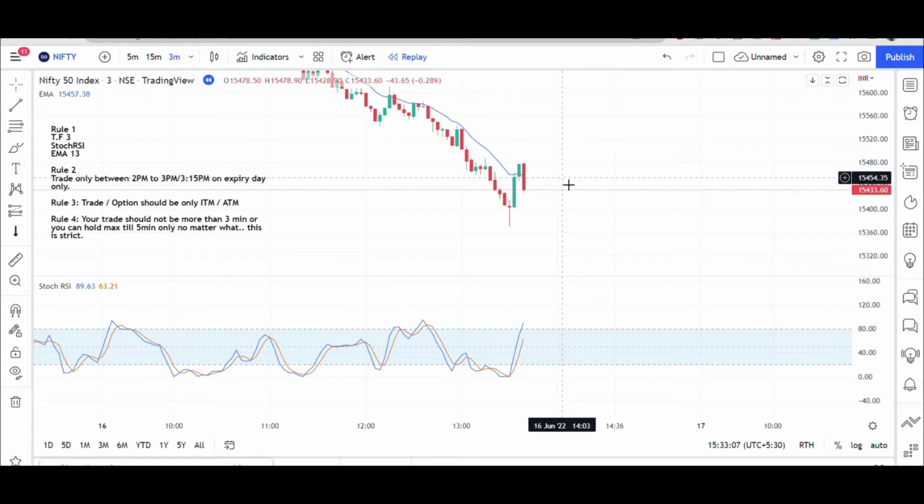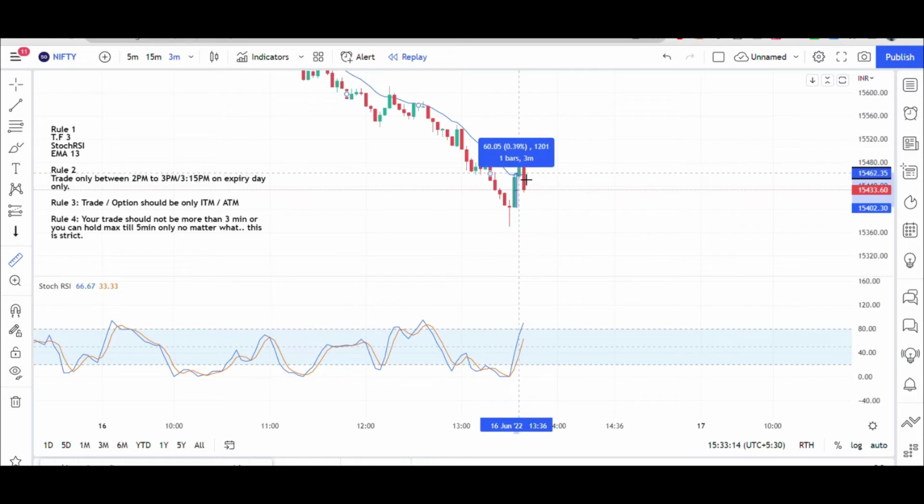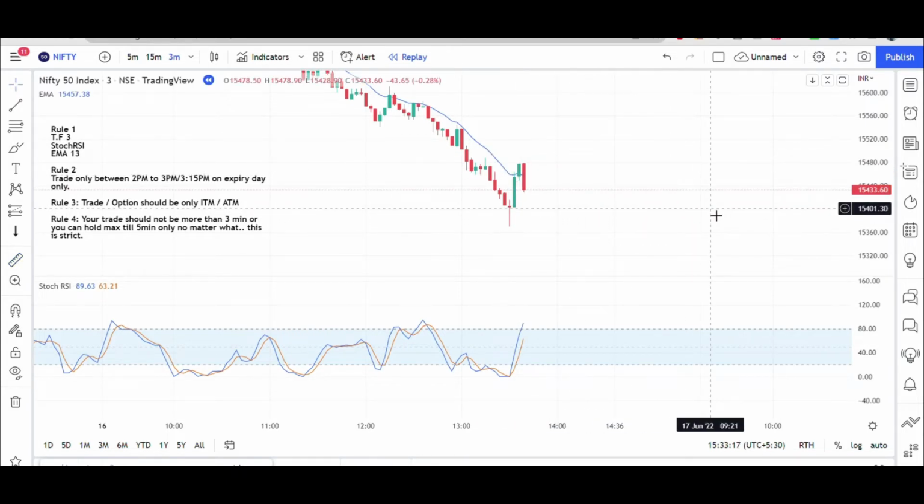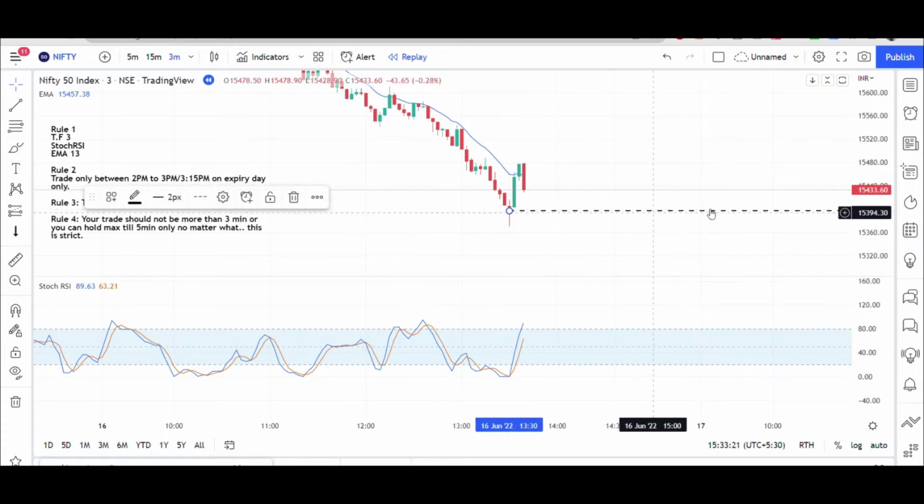So per lot it will be like 1,000 rupees profit in just 2 minutes, because this candle gave you 60 points and your call option, which was here, the 15,400 call, was in the money. If the candle is moving 60 points up, the option has to move at least 20 points, or even if it is not moving 20 points, 15 points is enough.